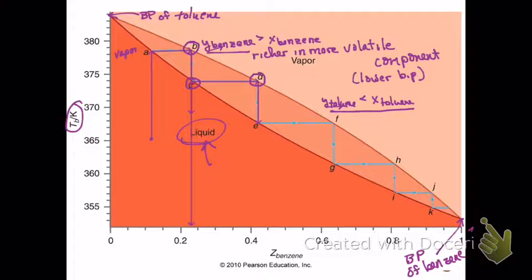So then we take that and condense it and vaporize it, and we can see that we're going to just continue to follow the cycle indicated by the blue lines here until we get to the point where we have pure benzene. So we've gone through this process of vaporization, condensation, going through several cycles until we end up with pure benzene.